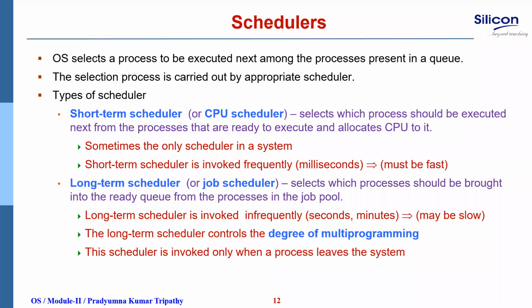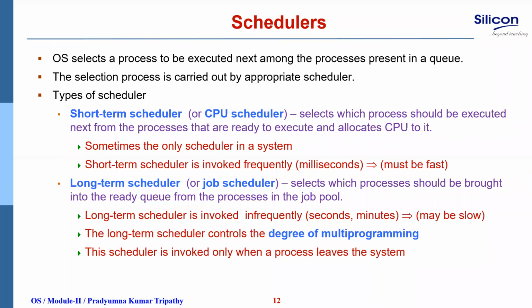Okay. We'll go for another important concept over here, called the schedulers. The operating system selects a process to be executed next among the processes present in the queue. This I have already told you.